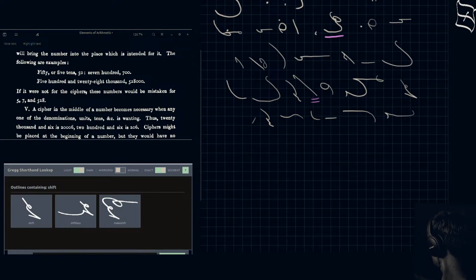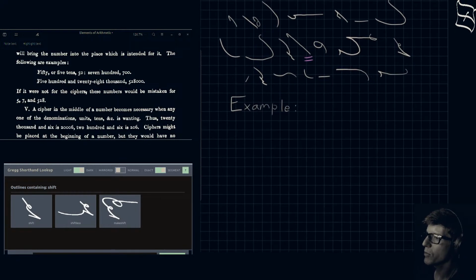So example, listed below. And the example does not have to be in shorthand, right? Because it's not a fleeting note. It's merely an example. So the example would be something like 5,000, and we'll actually list the word.